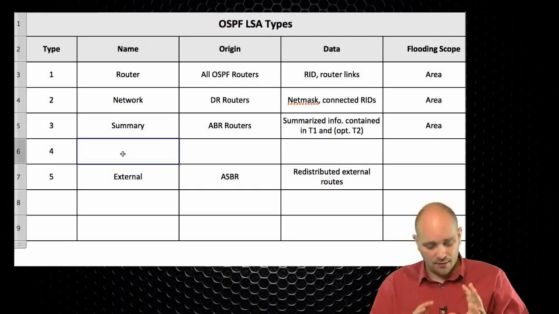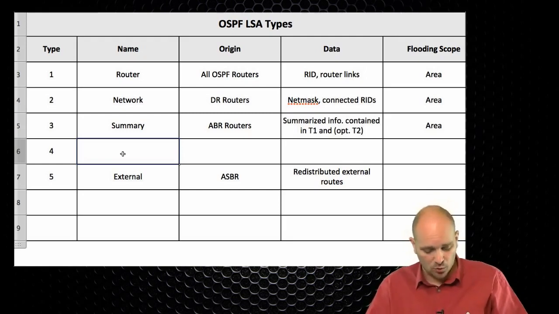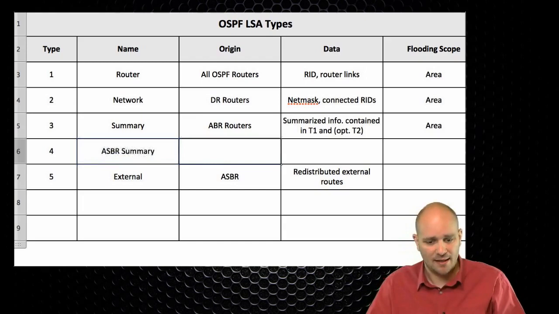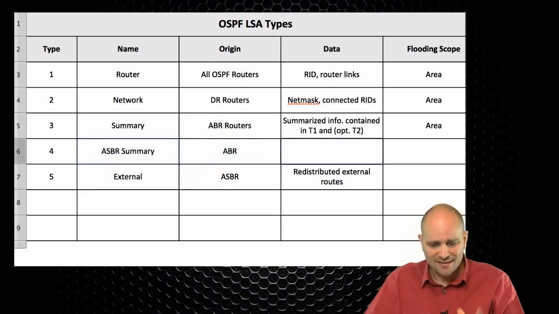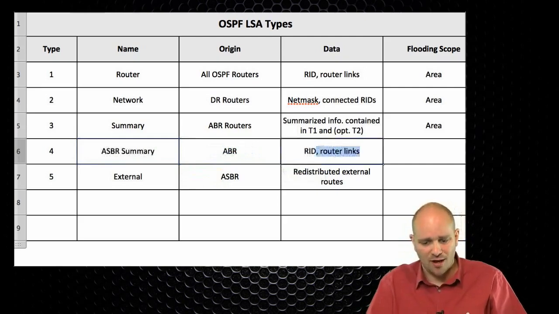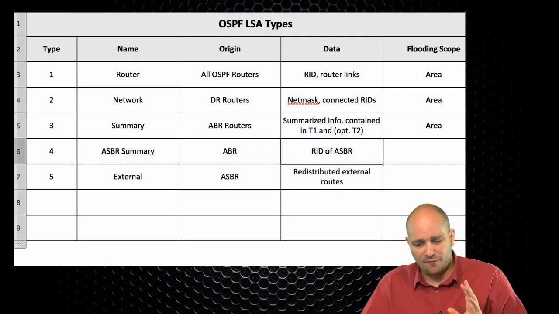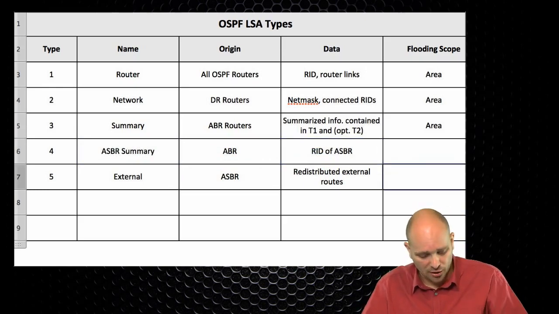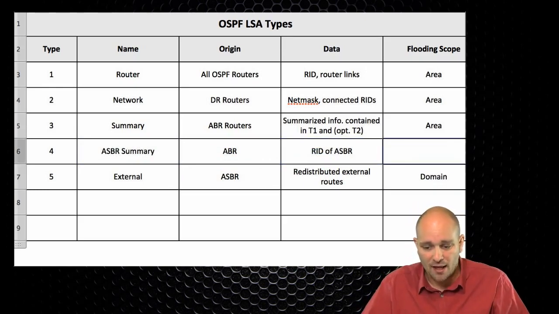So the way this works is, first let's look at the name of this LSA. IOS calls it ASBR Summary LSA. It is generated by ABR routers, and the data contained are the router IDs of ASBRs. The flooding scope of external LSA is the entire domain, but the flooding scope of type 4 LSA is actually an area.